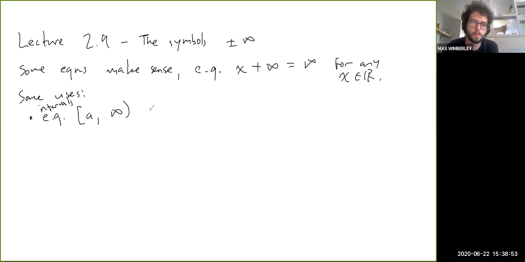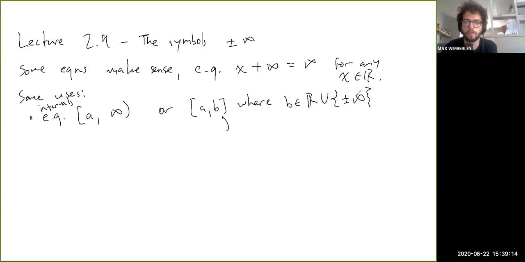Although if you see something like b is in, or this could also be a parenthesis, R union plus or minus infinity, of course you should assume that if b happens to be infinity, then the bracket isn't square, it's actually a parenthesis.